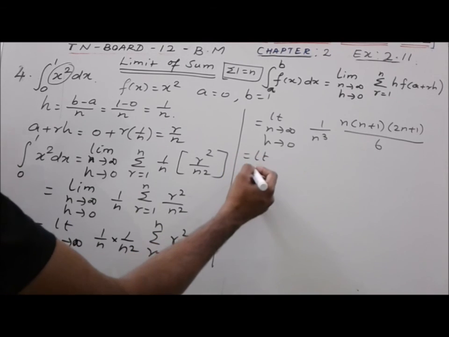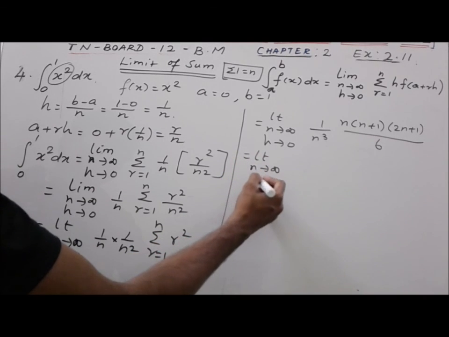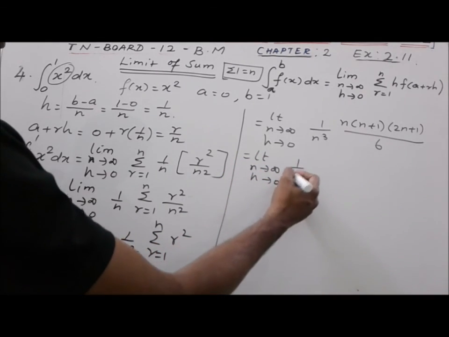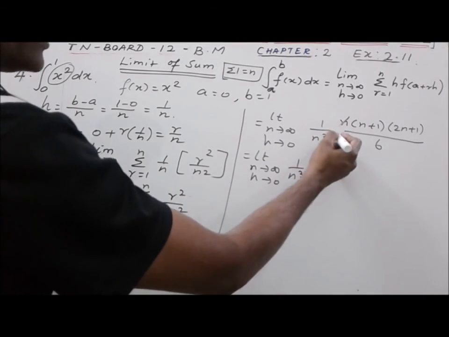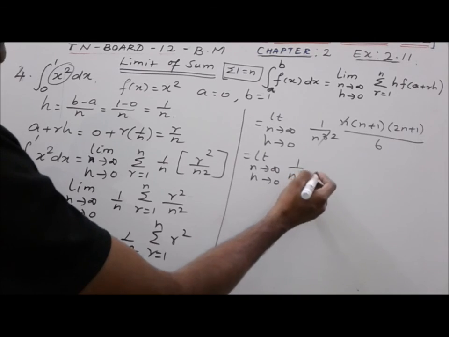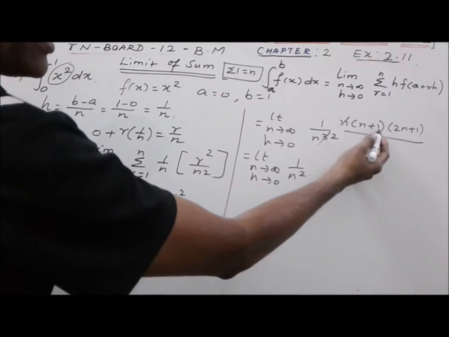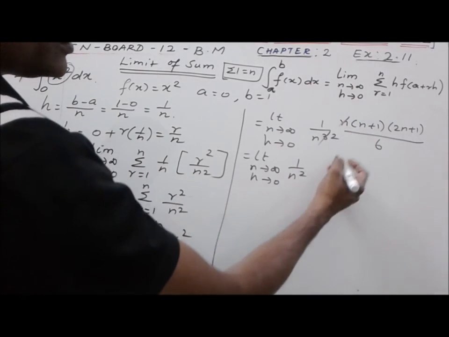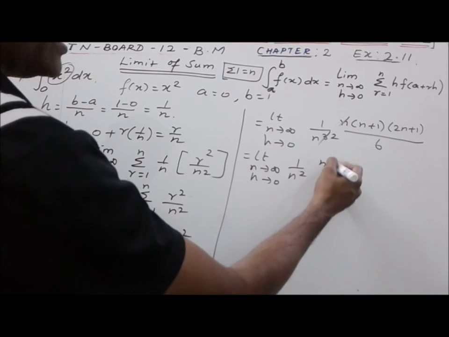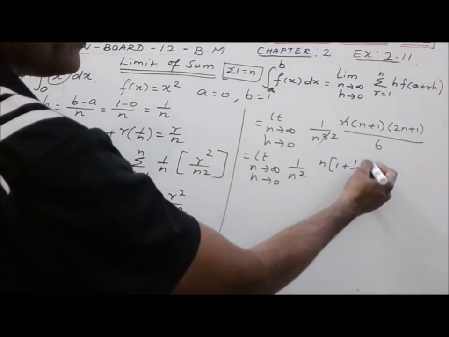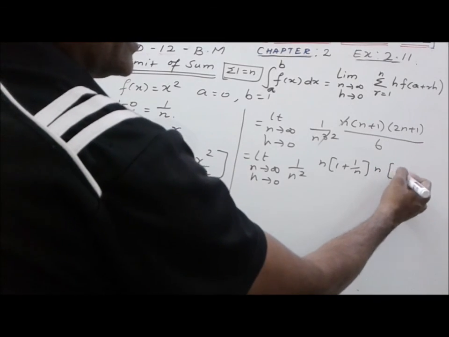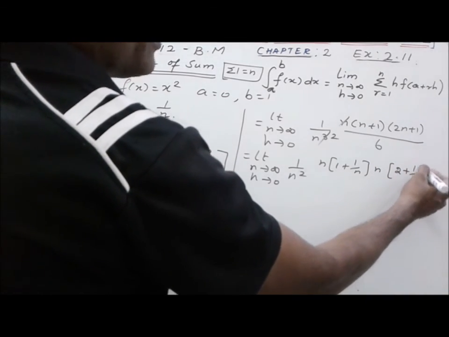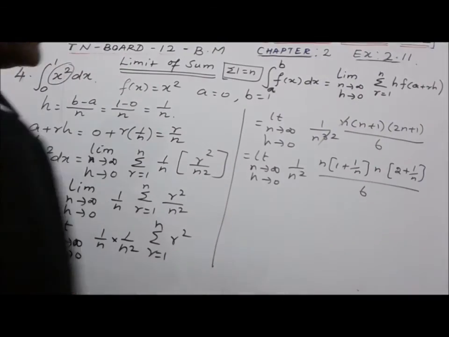Listen carefully here: limit n tends to infinity, h tends to 0, 1 by n cube. Here we have an n, and we can cancel these two. Taking n common from the two terms, n into 1 plus 1 by n. Again taking another n from these two terms, n into 2 plus 1 by n, whole divided by 6.